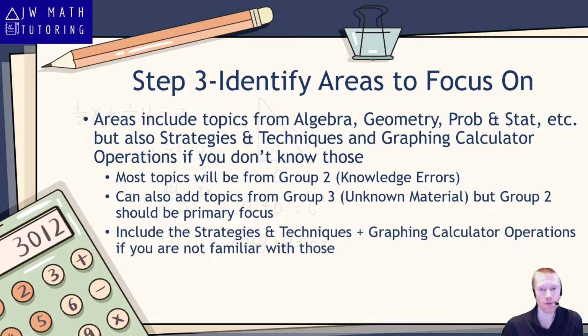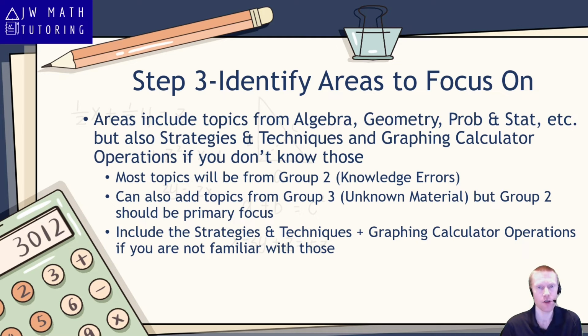Now, most of the topics that you find will probably be from the Group 2 classification that I mentioned, the knowledge errors. In other words, for the problems that you answered incorrectly because of careless errors, you need to pay attention, of course, to not repeat those careless errors again, but most likely there is not a knowledge gap associated with that problem or with that topic.